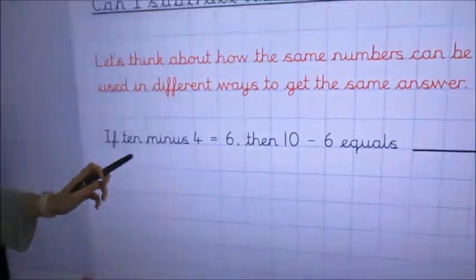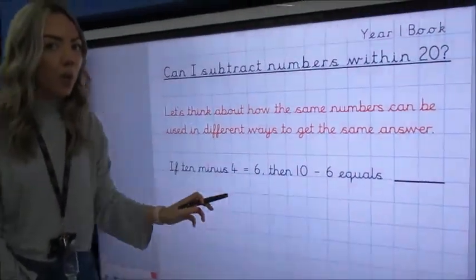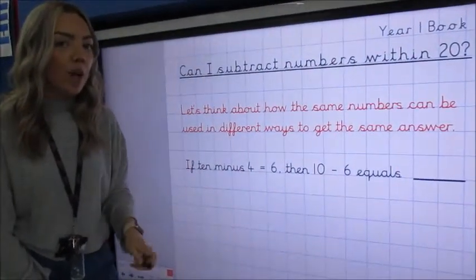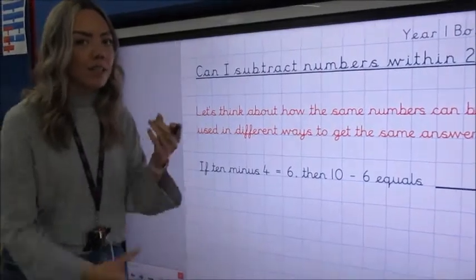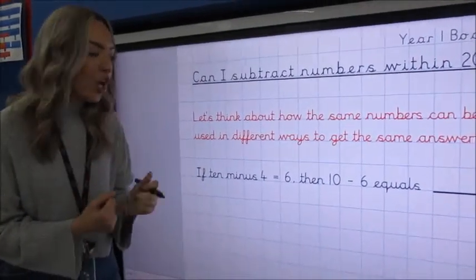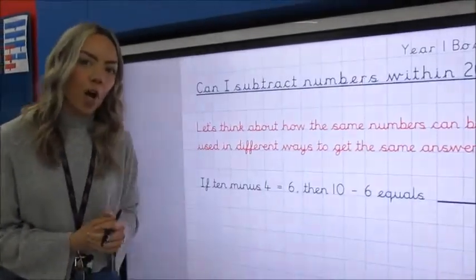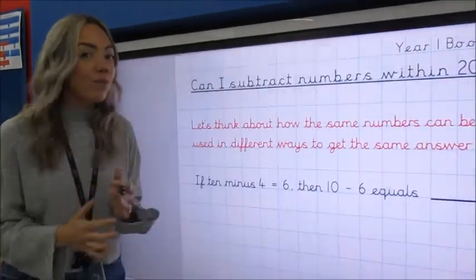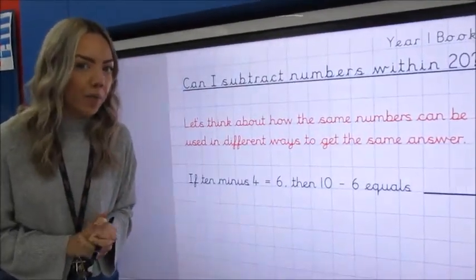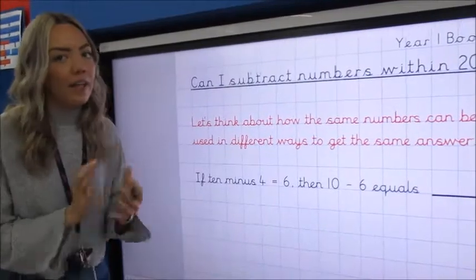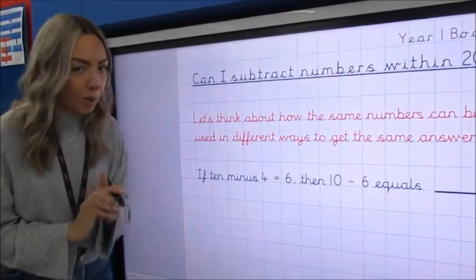Now this looks very, very tricky as a word problem, but I'm going to show you how to extract, so we're going to take the information we need from this to solve our problem. And actually, it's really, really easy once you know how. So let's do it together and then it will really help you with your workbook, okay?